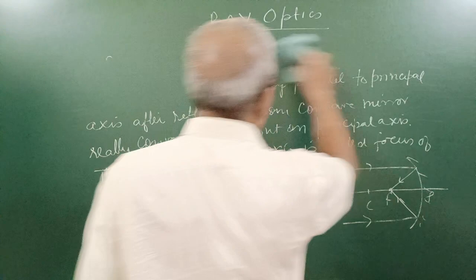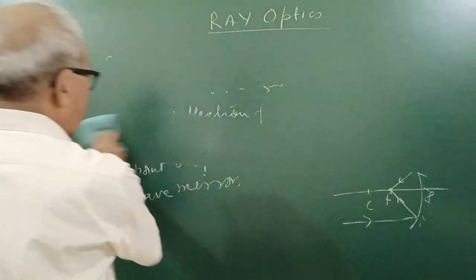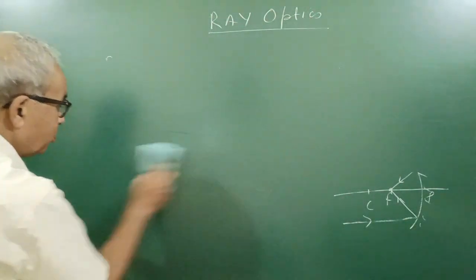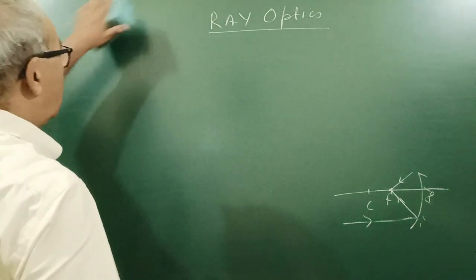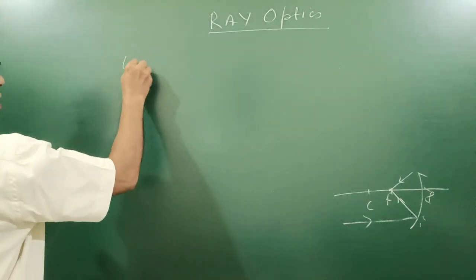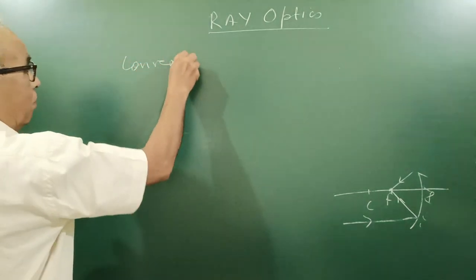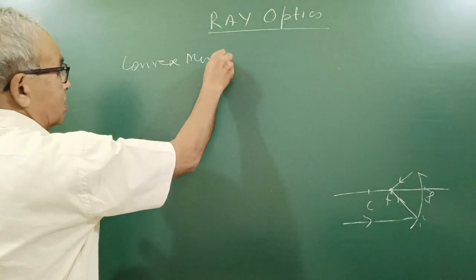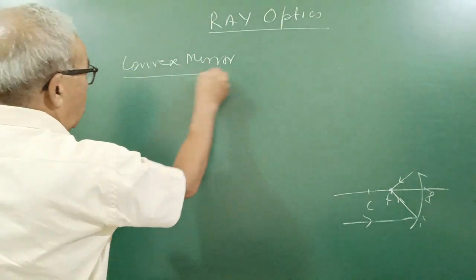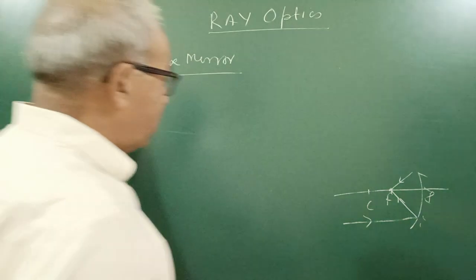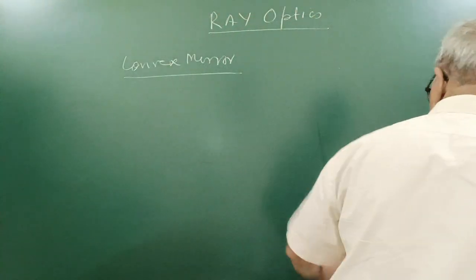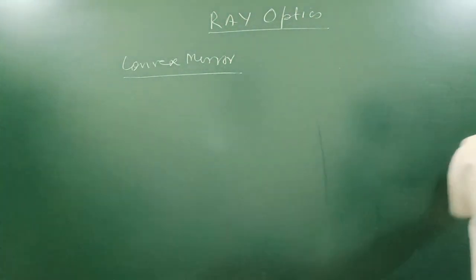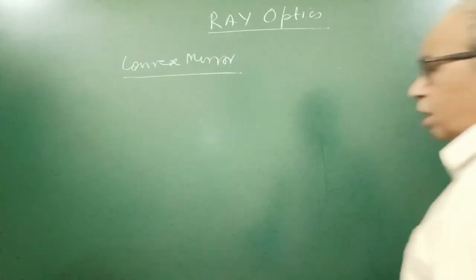Now in case of convex mirror, a lot of difficulty is faced by students in this chapter, and it is because of so many things. Don't think that you are a fool.